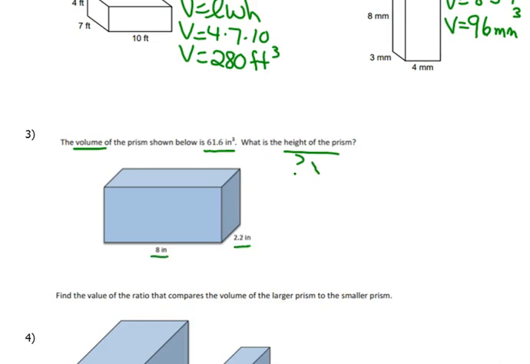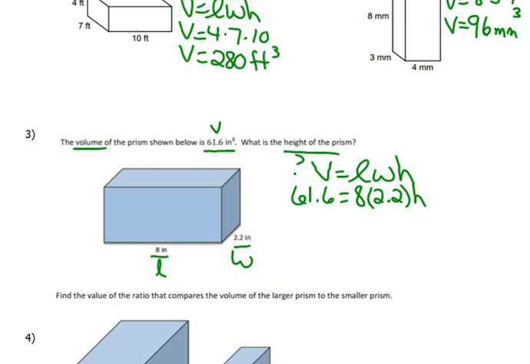So, still starting with my formula, V equals LWH, I fill in what I know. This is your V, 61.6. This is your L. This is your W. If you reverse those, that's okay. And we have to get H. I'm solving my equation for H.